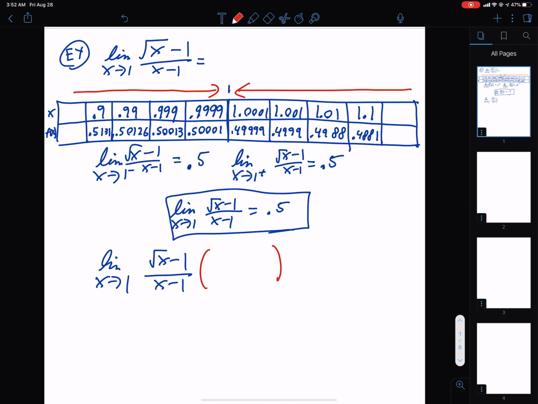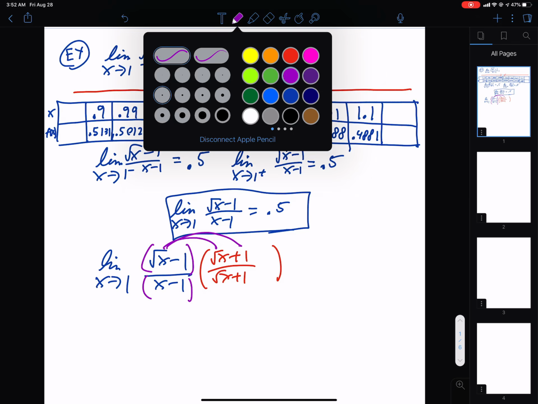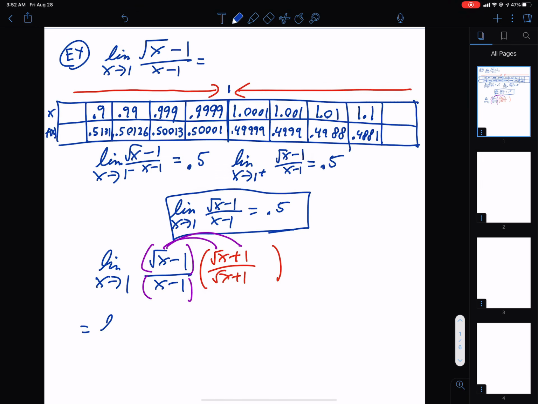My 1 is going to be the conjugate, radical x plus 1, over radical x plus 1. And then we want to distribute that.